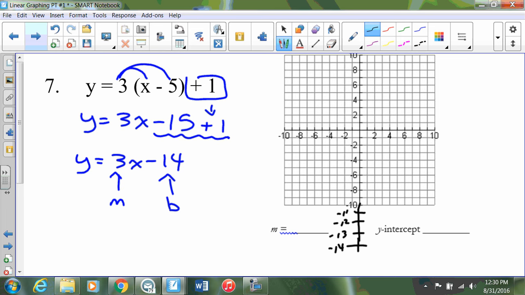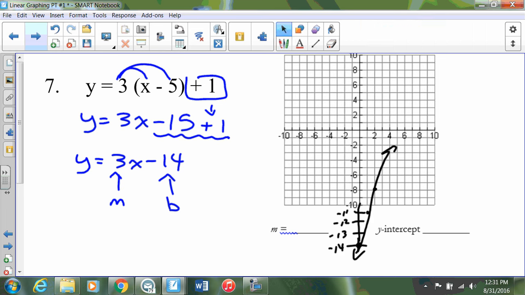So that's going to be my y-intercept, and my slope is up 3, 1, 2, 3 over 1. I'm going to do that one more time so I can actually get up to the graph. 1, 2, 3 over 1. Then I'm going to connect my dots, and there's my line. Not a perfect line, but I don't have a ruler.